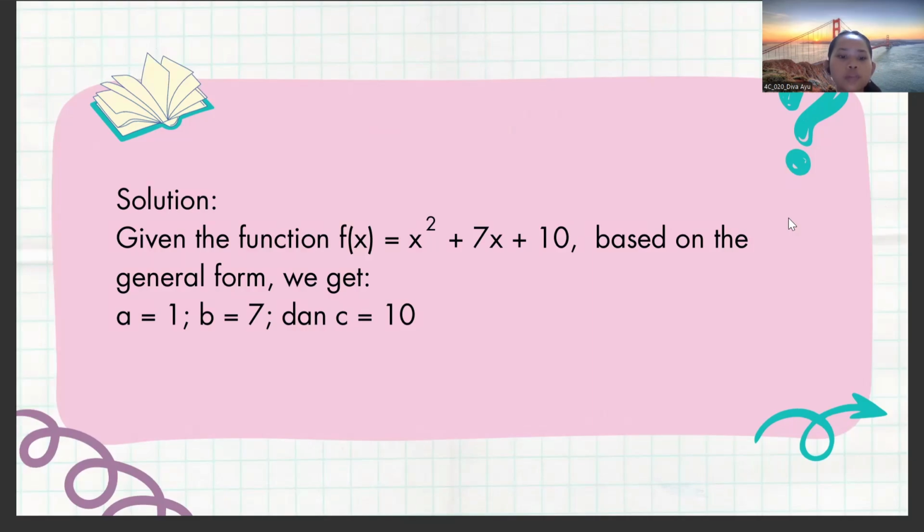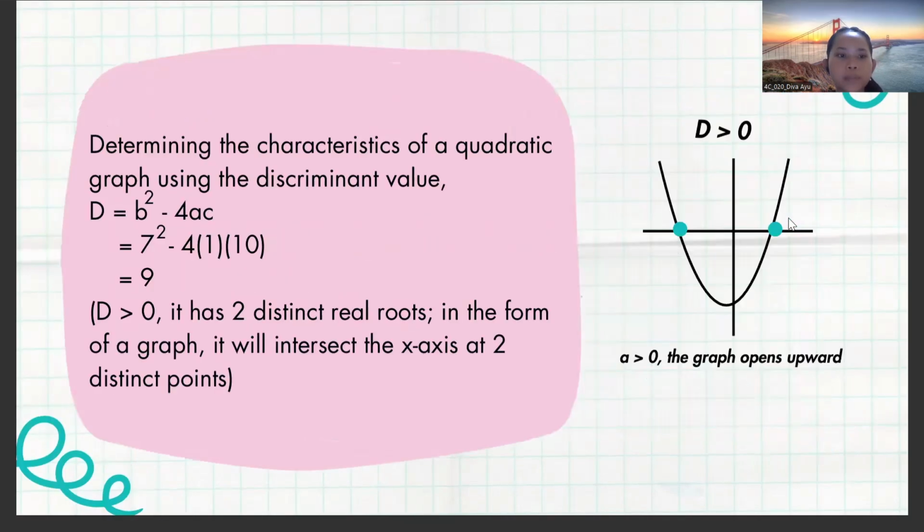Okay, from the equation f(x) equals x squared plus 7x plus 10, we obtain a equals 1, b equals 7, and c equals 10. These values will help us determine the graph characteristics and calculate the discriminant.